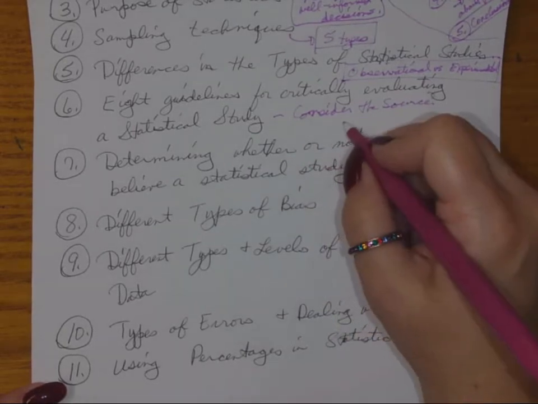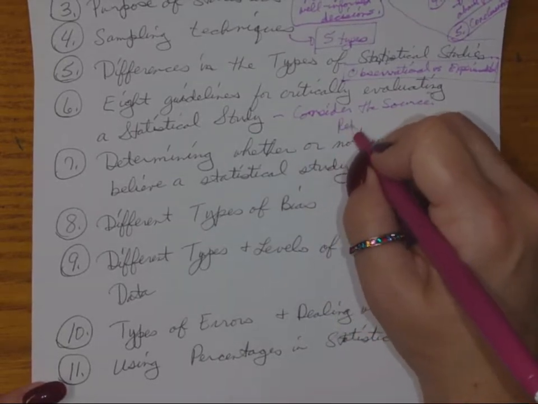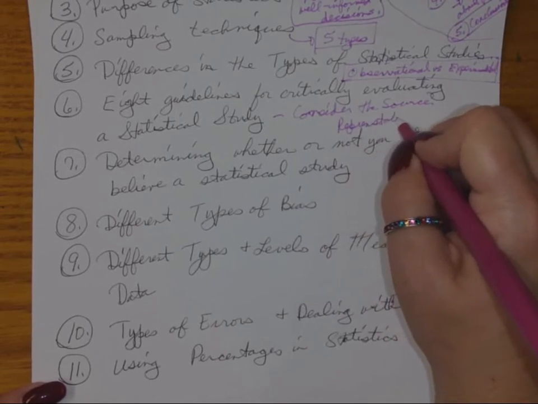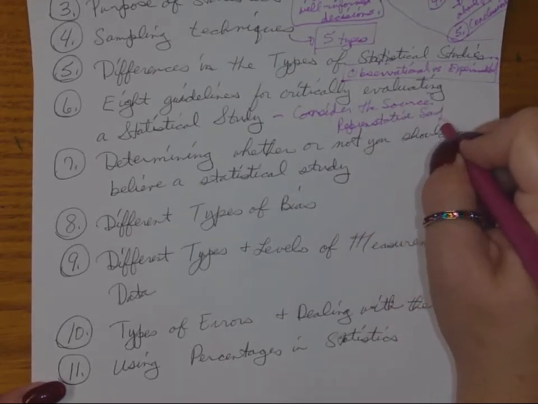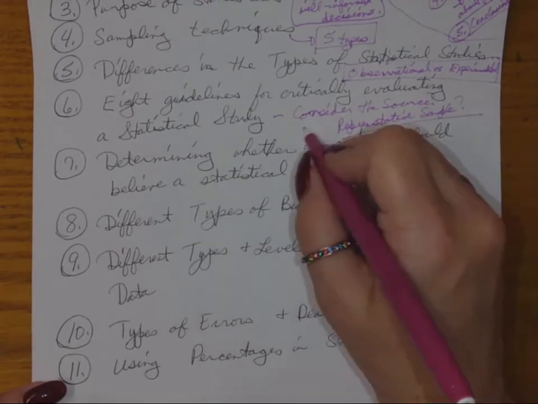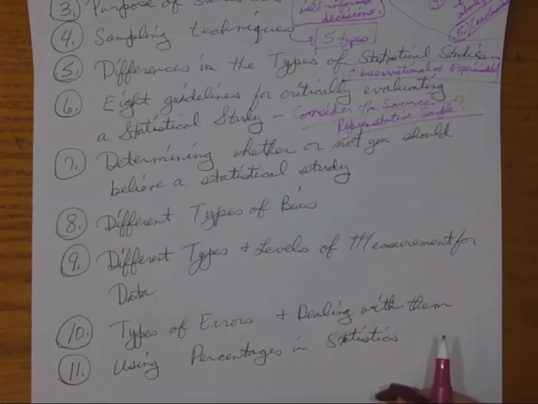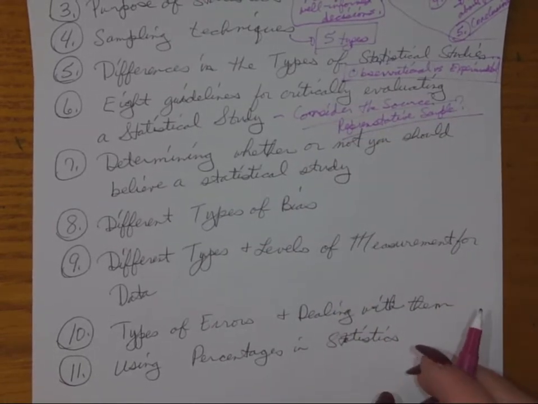Okay. What about, do they really have a representative sample? Things like that. Those are things that can really cause something that might have been a good statistical study to go sideways.